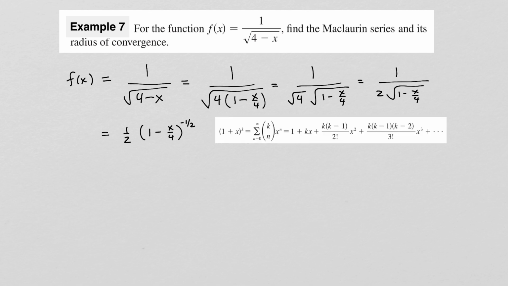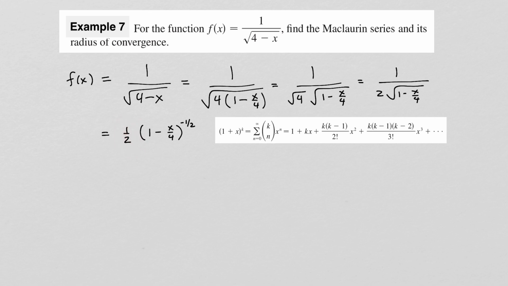And here is the binomial series that we talked about just a moment ago. So I want you to notice that this looks very similar to this, right? We have a 1. We do have a minus here, but that's not a big deal. And then we have a power k, which is equal to negative 1/2. And of course, the 1/2 in front is just a constant.